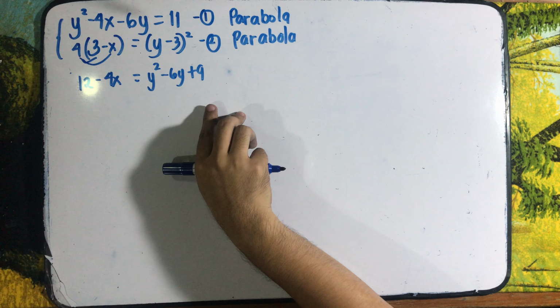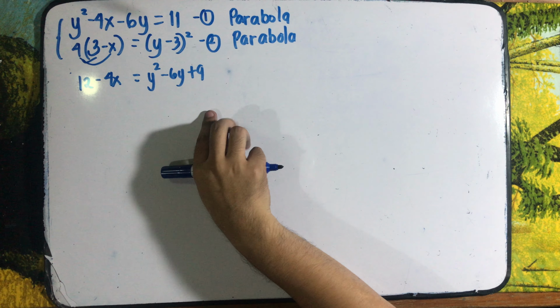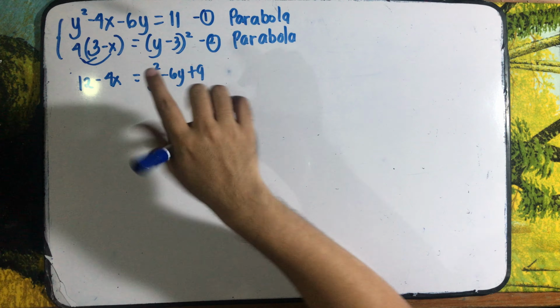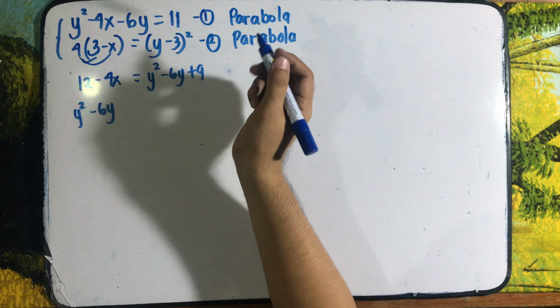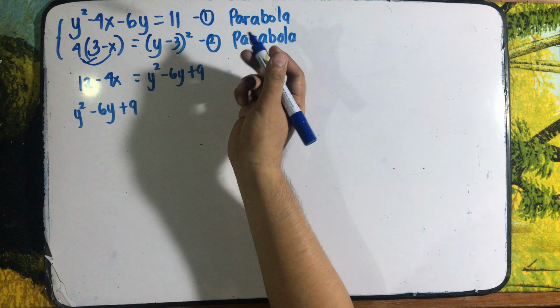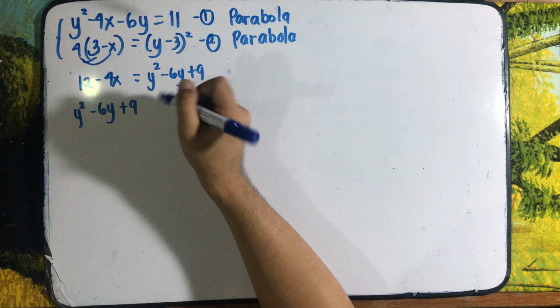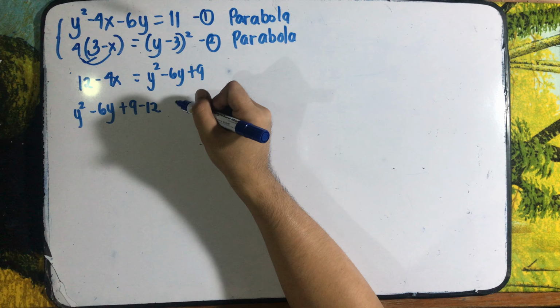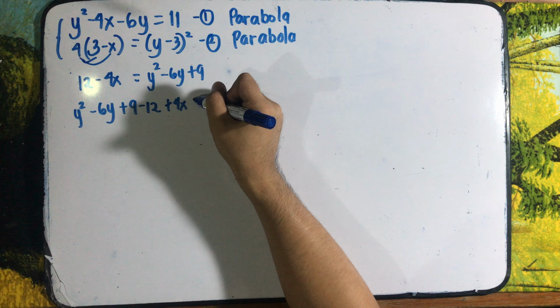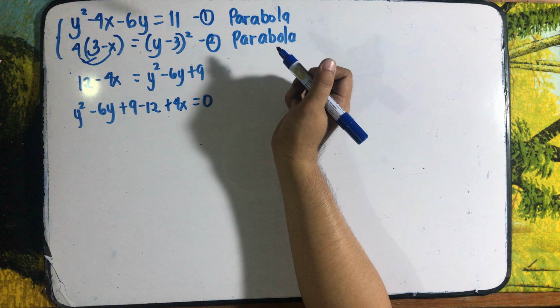So let us now arrange: y squared minus 6y plus 9 minus 12 plus 4x is equal to 0.